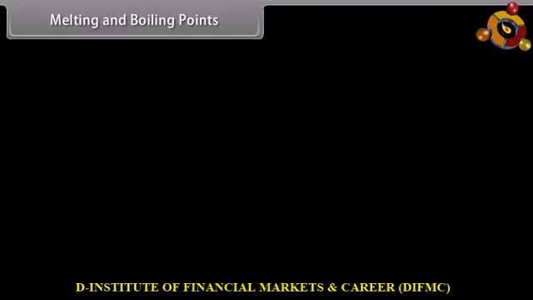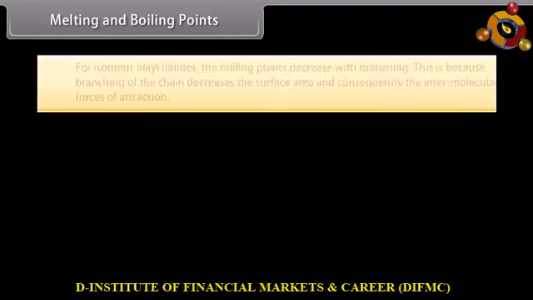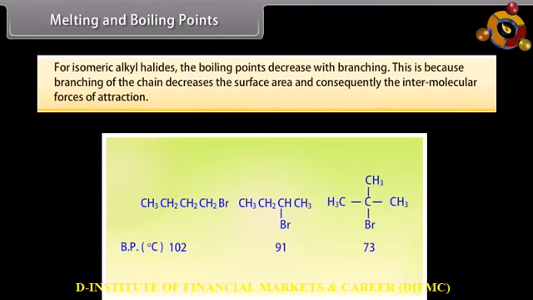Melting and boiling points: for isomeric alkyl halides, the boiling point decreases with branching. This is because branching of the chain decreases the surface area and consequently the intermolecular forces of attraction.